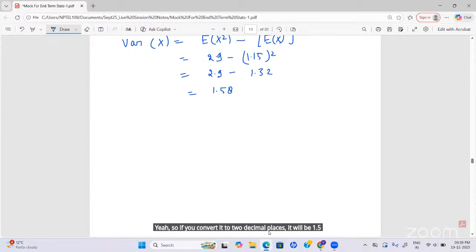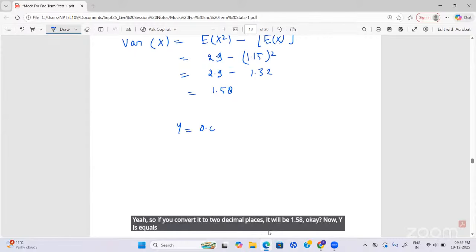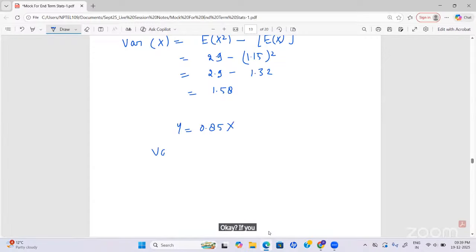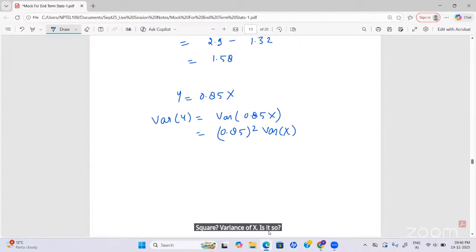Now y is equal to 0.85x. If you have to find the variance of y, this will be variance of 0.85 times x, which means 0.85 square times variance of x. Is it so or not?